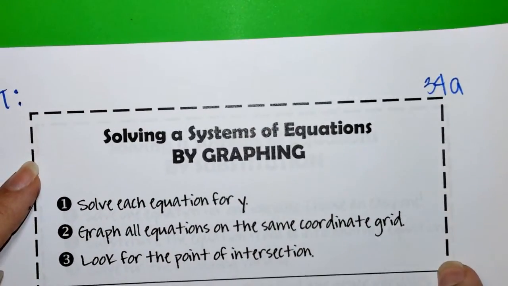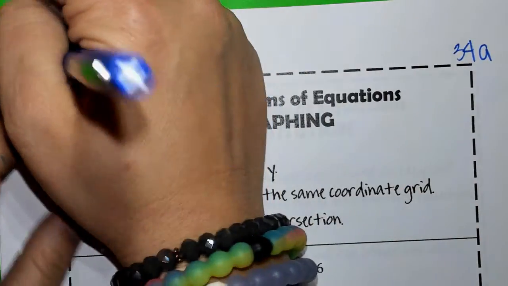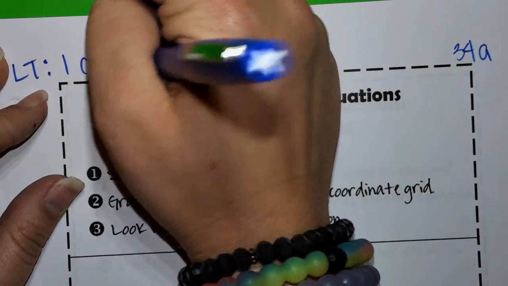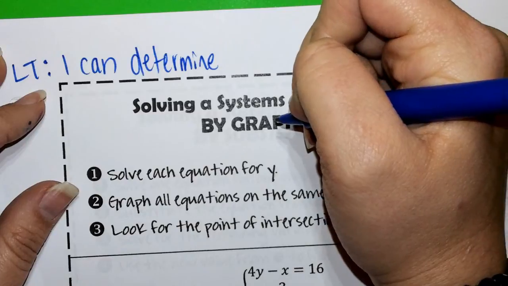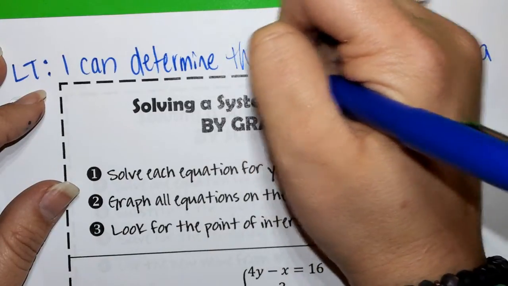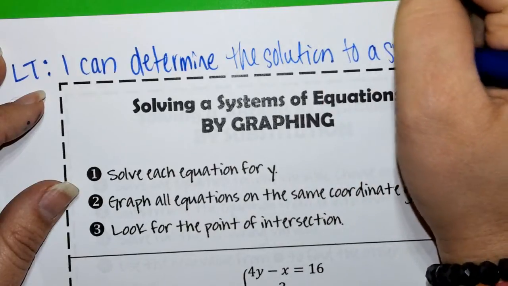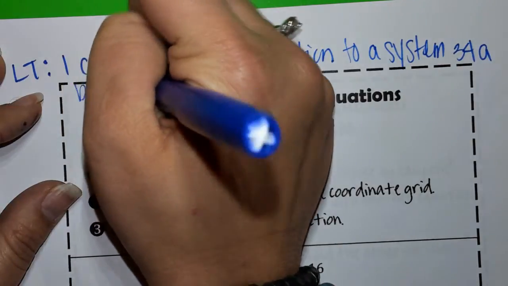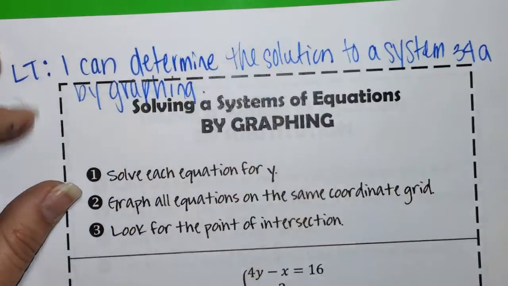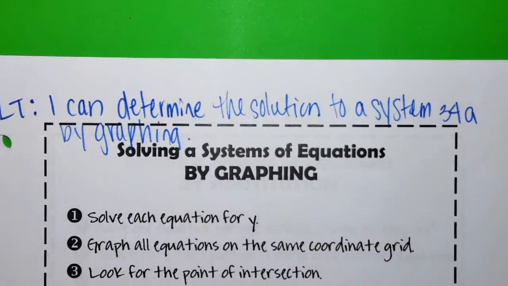Wait, don't start. Alright, our second learning target says, I can determine the solution to a system by graphing. So the solution is where they intersect, correct?